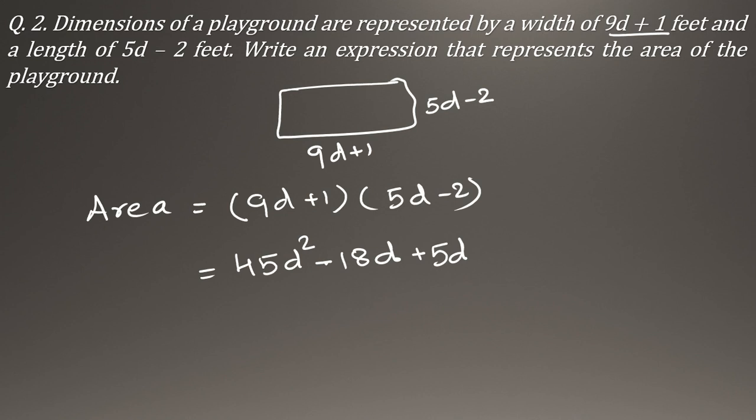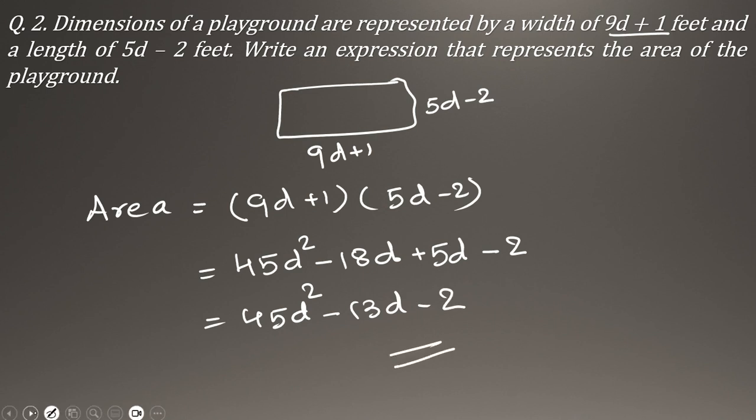If not, then you can see the video once again, and still if you have any problem, you can write in the comments. I'll try to explain with other examples. Then plus 1 multiplied by minus 2 is minus 2. So 45d square, and then minus 18d plus 5d is minus 13d, and minus 2. This will be the final answer.